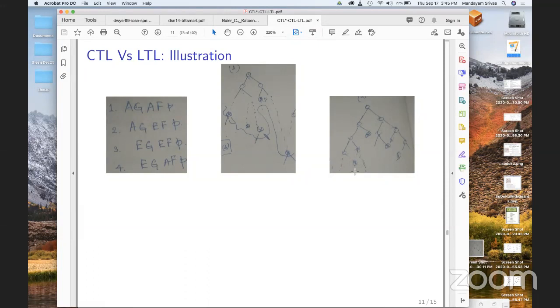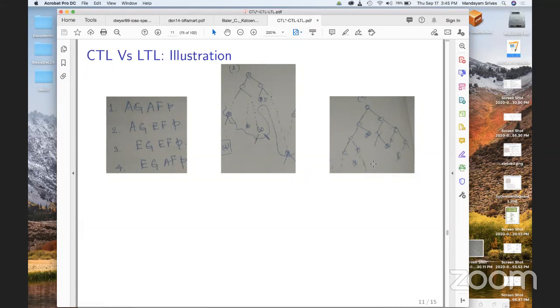So as you can see, this is certainly not equivalent to G of F of P, because that would require that every path, and there's obviously one path, the path on the rightmost extreme, and here also the leftmost extreme, that path will never satisfy GF of P, okay? So that is what you have to appreciate and understand.